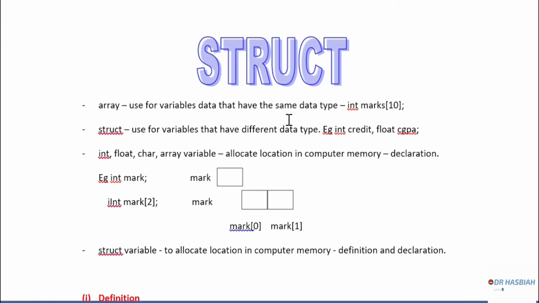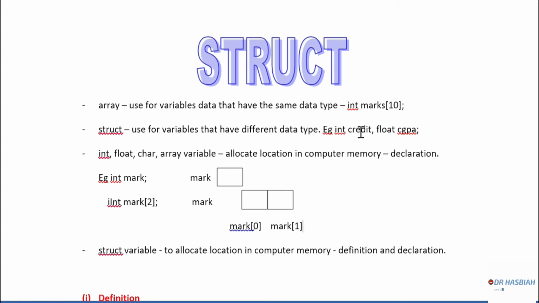But if you have several variables with different data types, you cannot use array. In this case, you can use struct. For example, you have credit, let's say the data type is integer, and then you have the CGPA, and the data type is float.